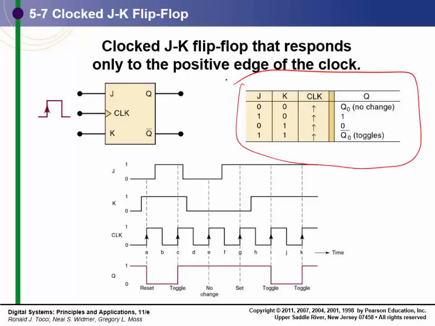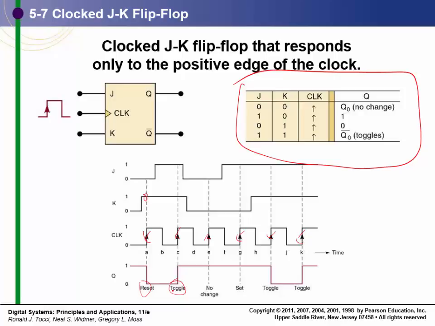Again, it's a very similar type of truth table, and we're only looking at these points in time. At this point, K is high and J is low, so it's going to reset. Here they're both high, so it doesn't set, but it toggles. It was low, it goes high.